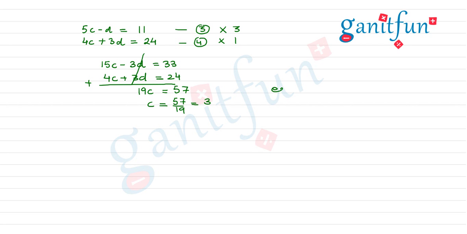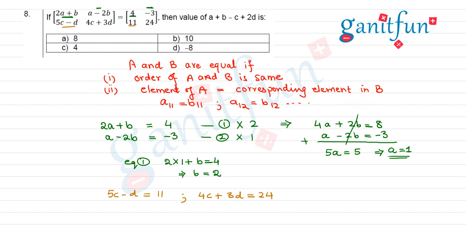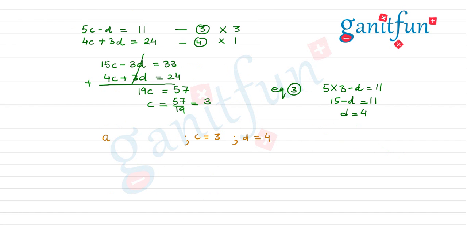So in equation 3 we have 5 into 3 minus D is equal to 11, or 15 minus D is 11, or D is equal to 4. So we get C is equal to 3, D equal to 4, then A as 1 and B as 2.